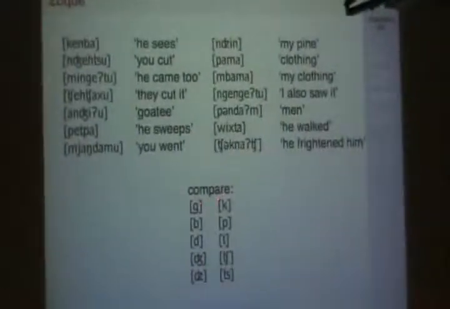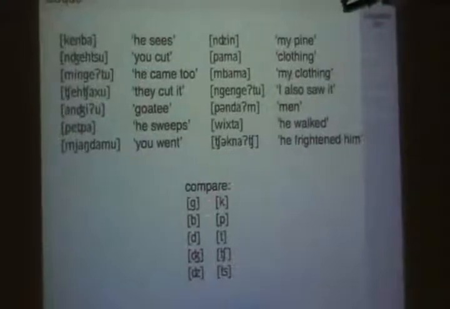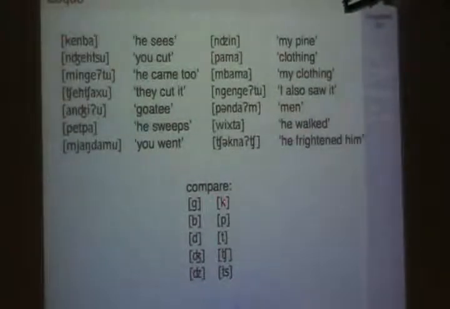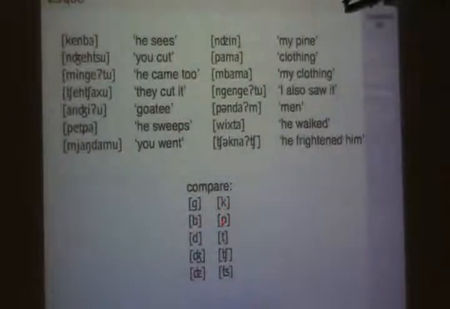to their voiceless versions. So, ka is just like ga, except it's voiceless. Pa is just like ba, except it's voiceless. Ta, cha, and sa are just like da, ja, and za, except they're voiceless. Okay.